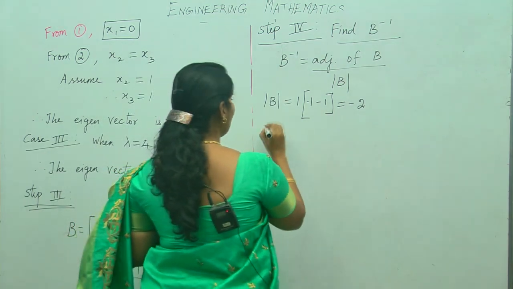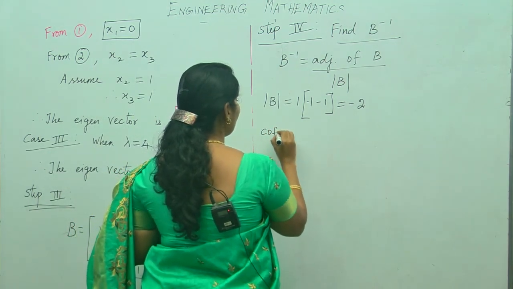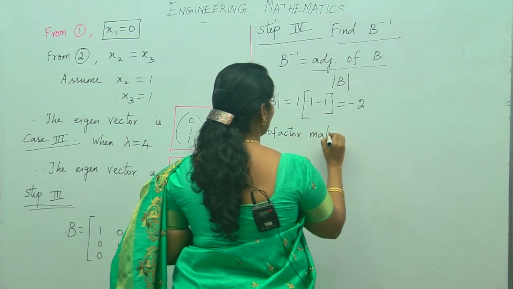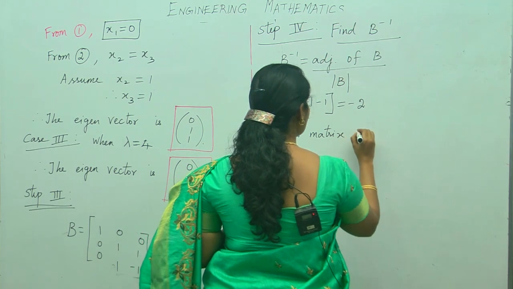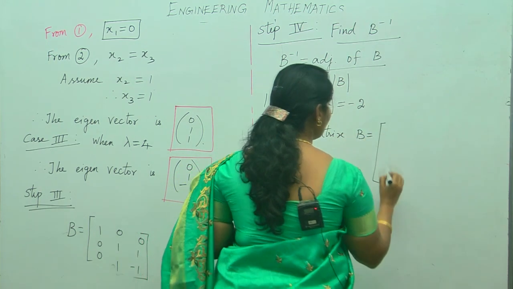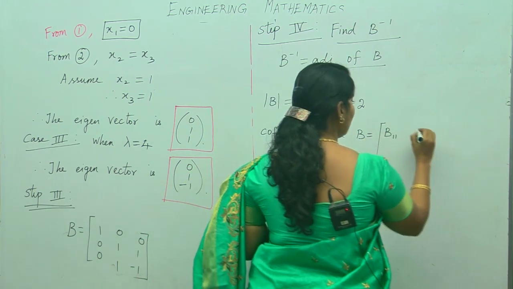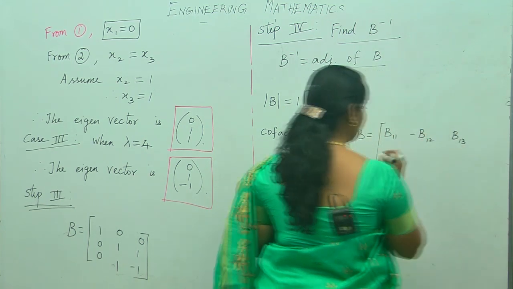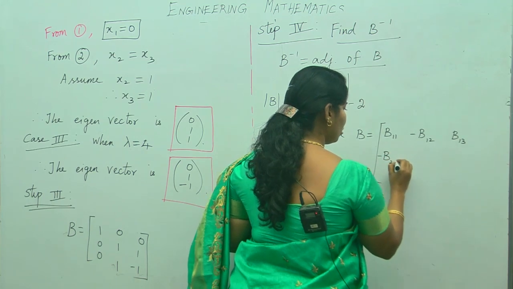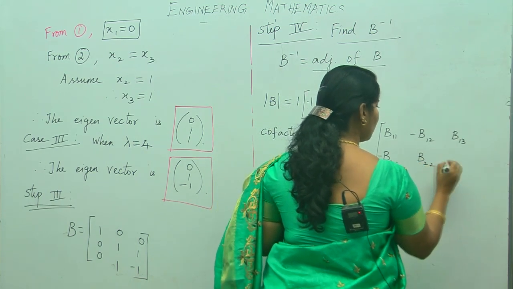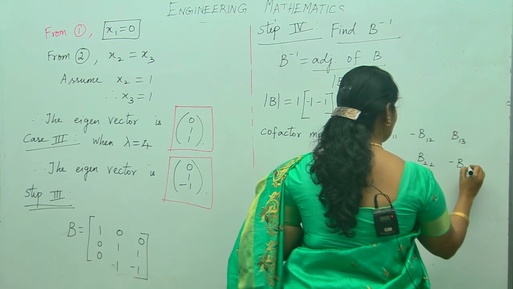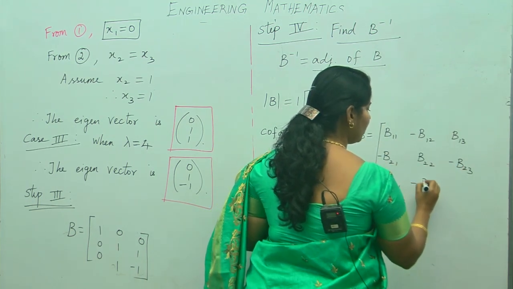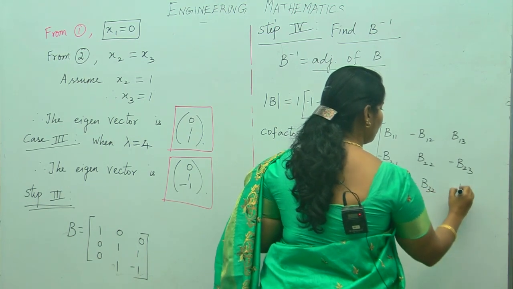Now, to find the adjoint of B, you need to find the cofactor matrix. Cofactor matrix of B, which is nothing but B11, minus B12, B13, minus B21, B22, minus B23, B31, minus B32, B33.